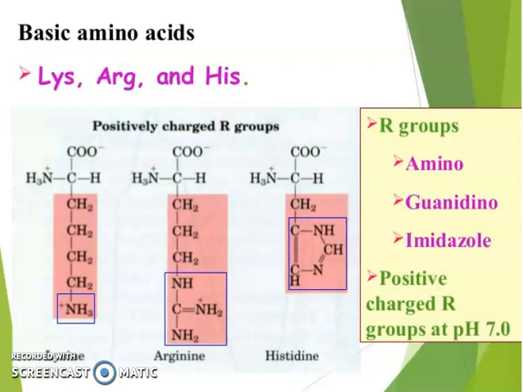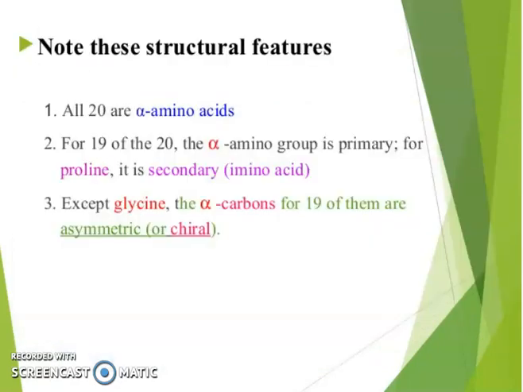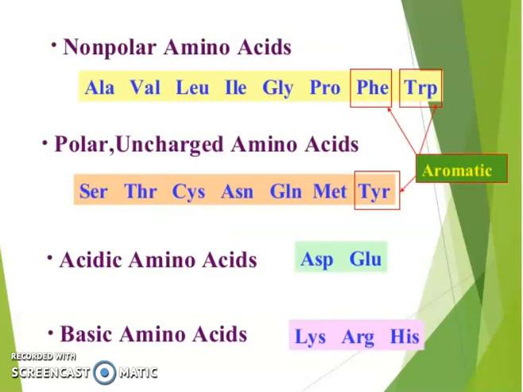Acidic amino acids, basic amino acids. Of all 20 alpha amino acids, 19 have a primary amino group except proline. It is a secondary amino acid. Except glycine, the alpha carbon of the other 19 is an asymmetric carbon.